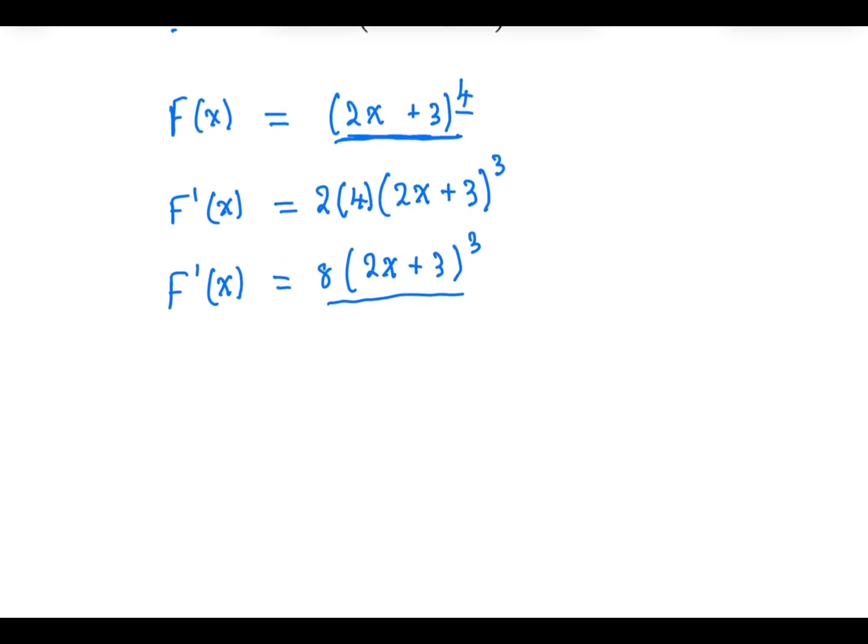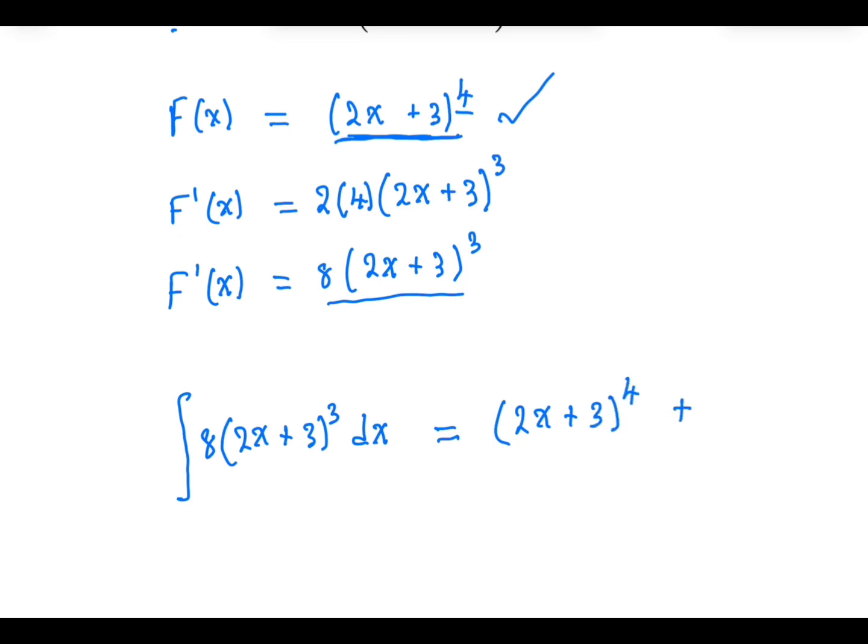That is, by integrating the derivative, that is 8 into 2x plus 3 all to the power of 3 with respect to x, this should give us this function, 2x plus 3 all to the power of 4 plus the constant of integration k.